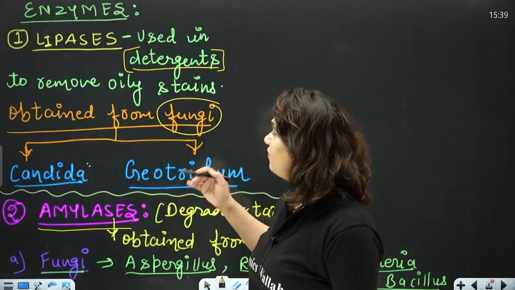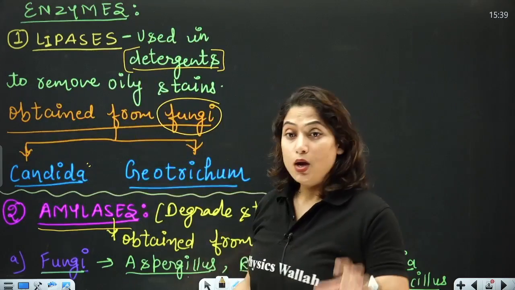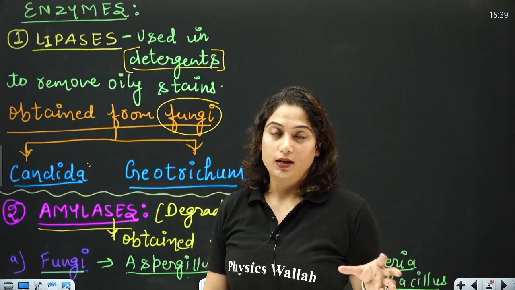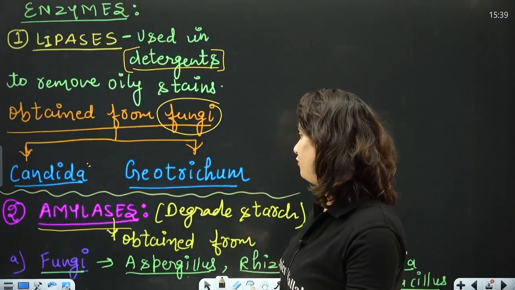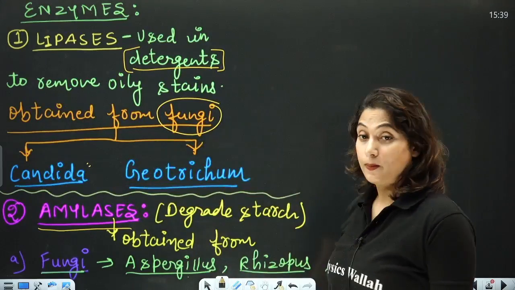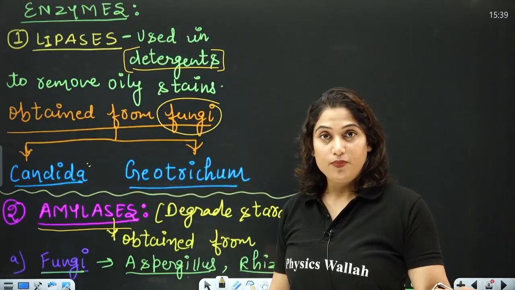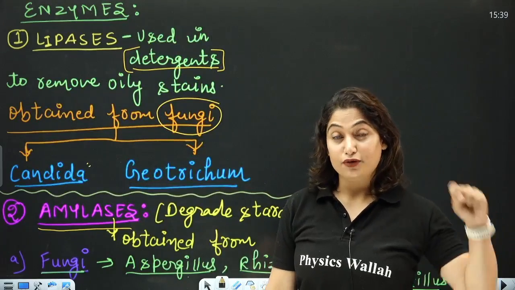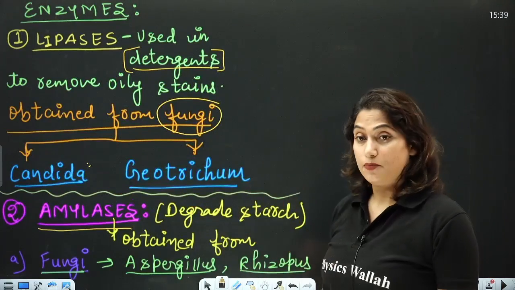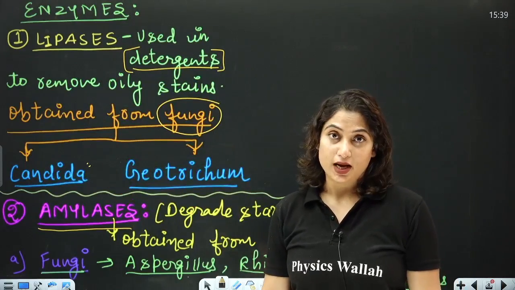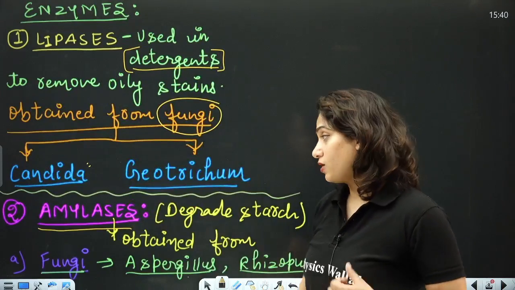So this is very, very important, that where lipases are used. Lipases are used in the detergents, and they are obtained from fungi. The enzymes, lipases, are obtained from fungi, and the names of the fungi are Candida and Geotrichum. From them, lipases are obtained.